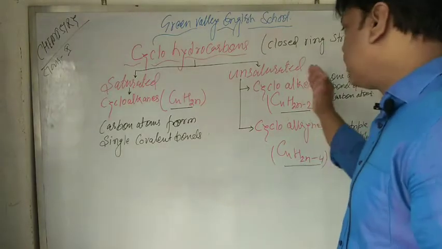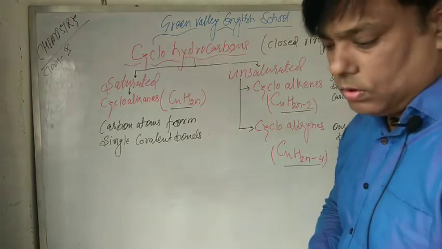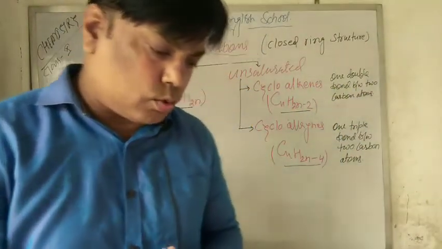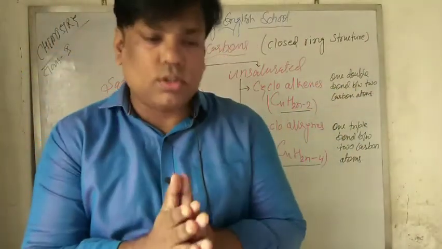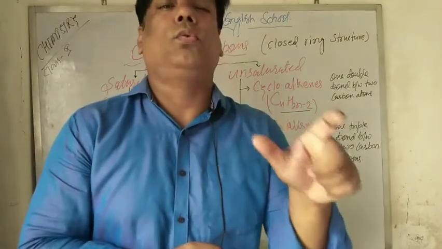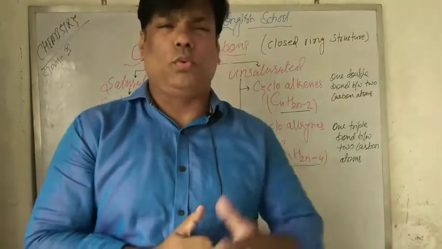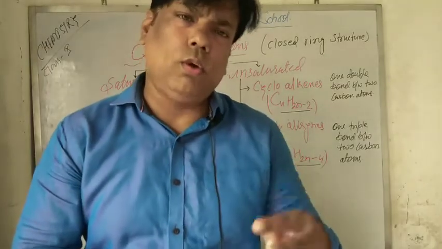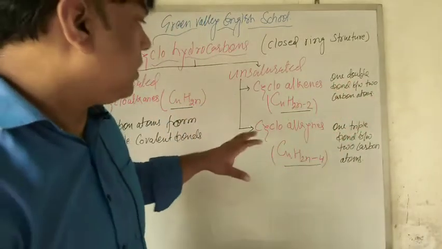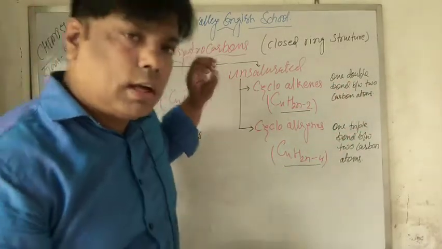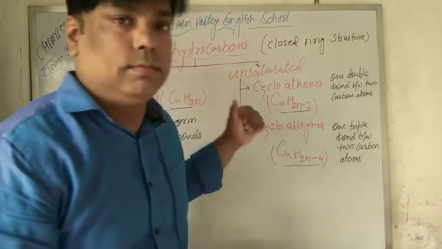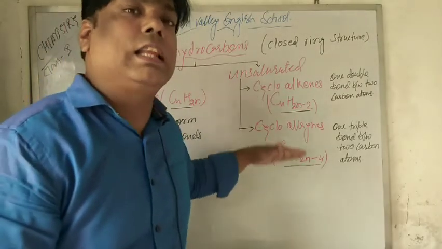Now unsaturated cyclohydrocarbons. Unsaturated cyclohydrocarbons are those hydrocarbons in which there is a double or triple bond between any two carbons. Unsaturated are of two types: cycloalkenes and cycloalkynes.